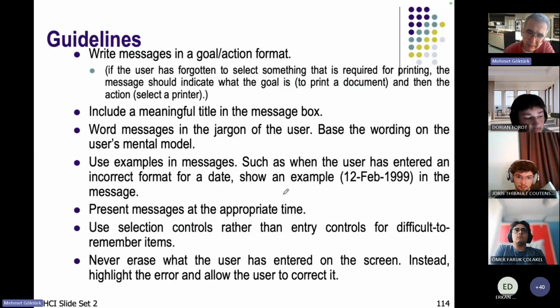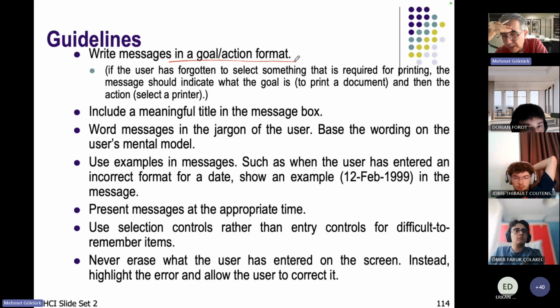Write the error message in goal and action format. You go to a government office and want to pay something or get documents. You explain for 5 minutes. They say, no. You are not satisfied. How are you going to be satisfied?